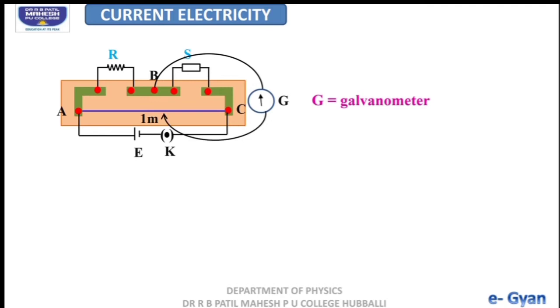We have a point somewhere here, and that point is named D. Though the sliding contact is in contact with the wire, the deflection in the galvanometer is 0. Why is it 0? The potential at this point and this point is the same. Hence, no current flows through the galvanometer. Hence, the meter bridge is said to be balanced.